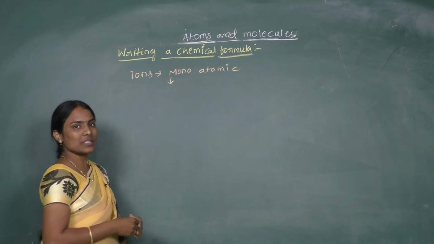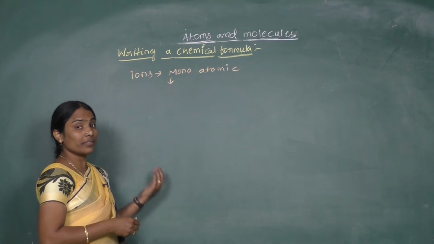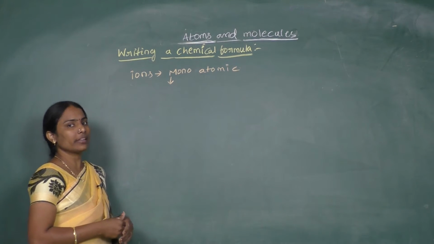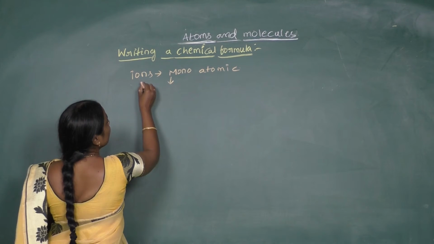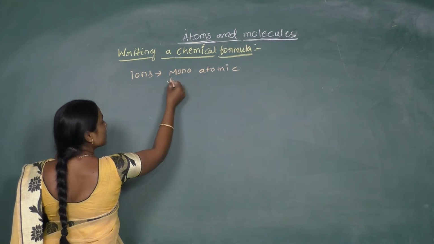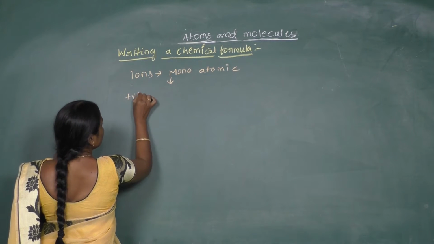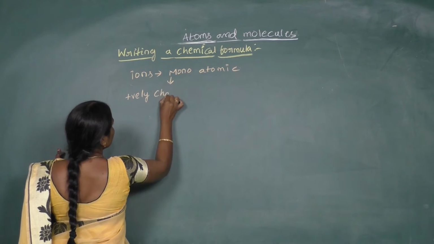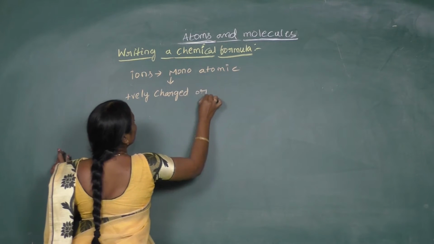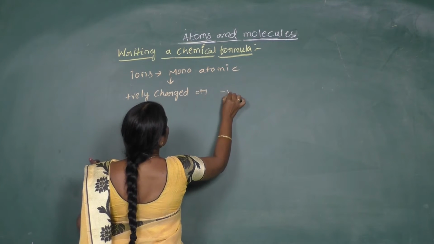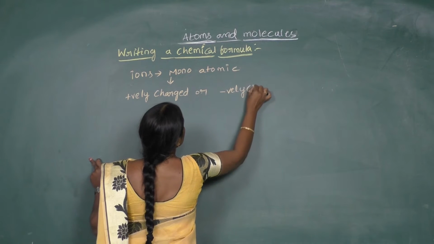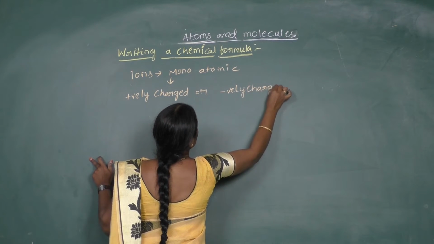Those charged species can be either positively charged or negatively charged. So whether monoatomic or polyatomic, they can be positively charged or even negatively charged.